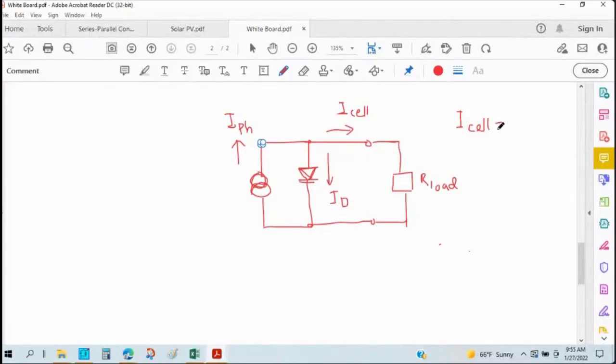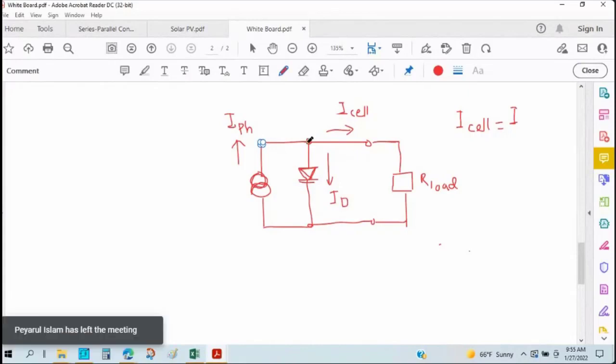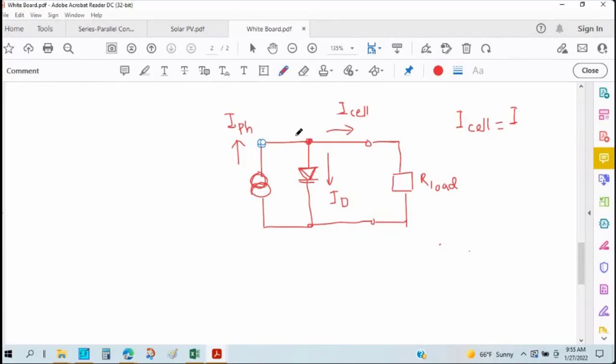Let's consider this node. The current that is coming to this node is IPH, right? So we can consider I cell equals IPH minus ID.